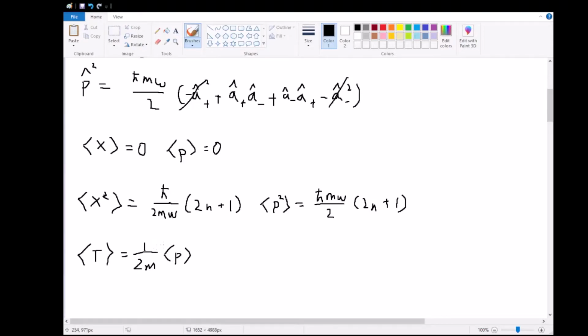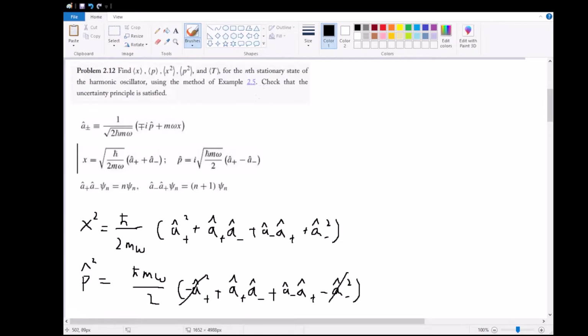Instead of 1/2 mv squared, we can just do p squared over 2m. And we already have p squared, so this is just equal to 1 over 2m multiplied by this. So this becomes h bar omega over 4 times 2n plus 1. And that is the expectation value of our kinetic energy.